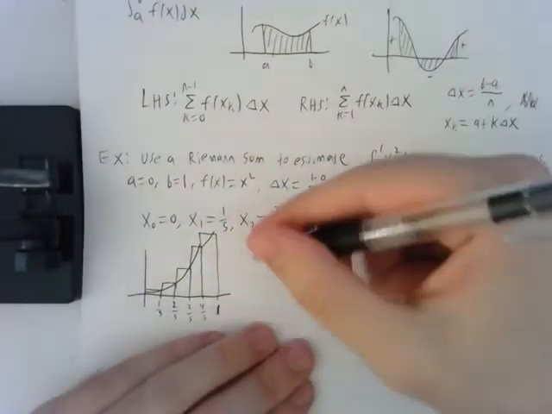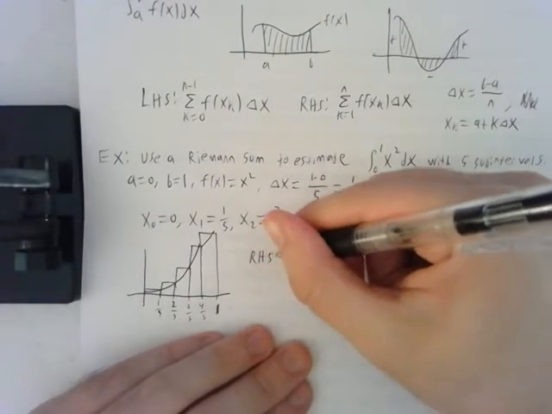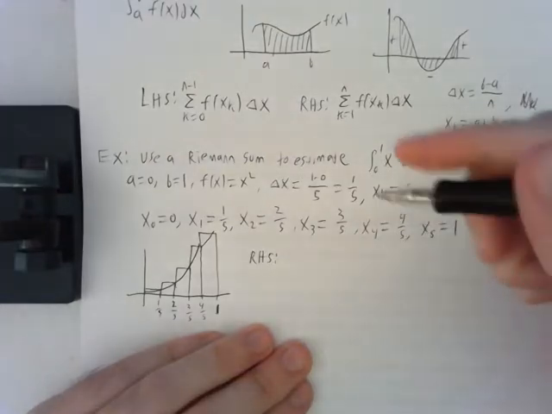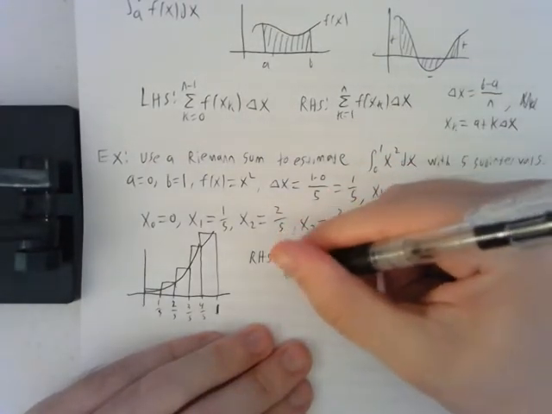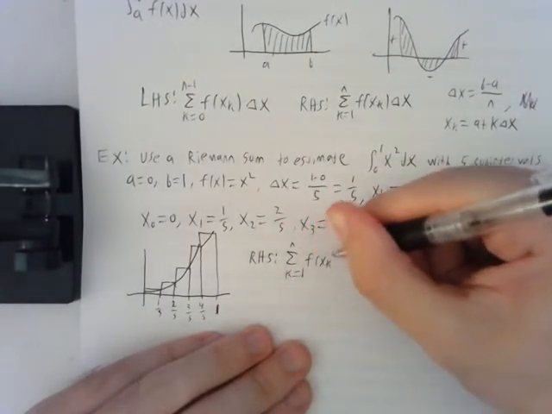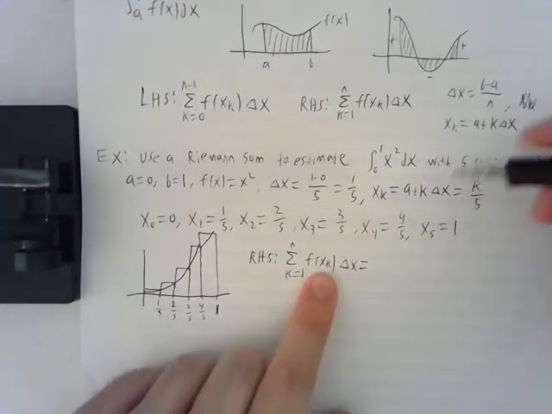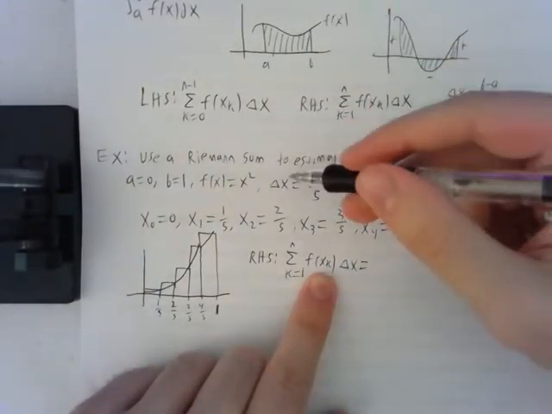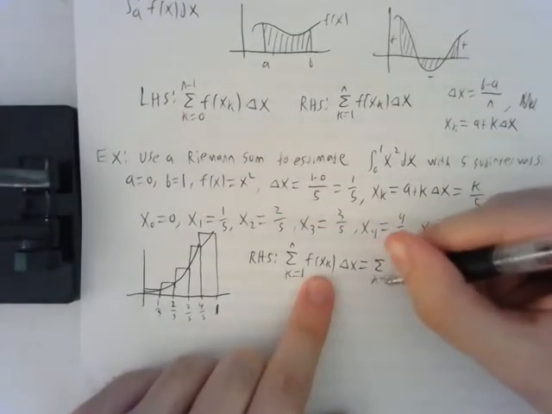So if we want to use a right-hand sum, then we would use this formula up here. So we'd have sum k equals 1 to n f of xk delta x. xk was k divided by 5. F was x squared, so we have the sum.